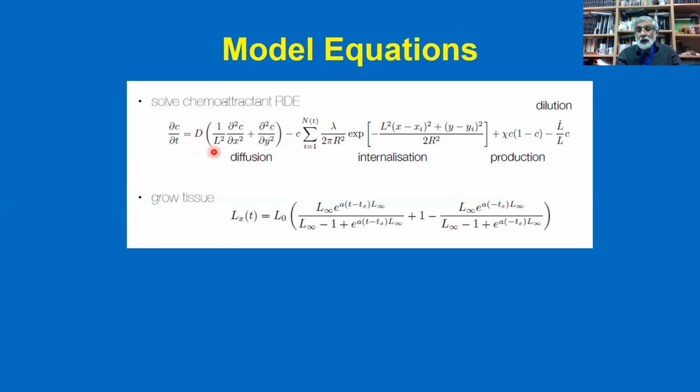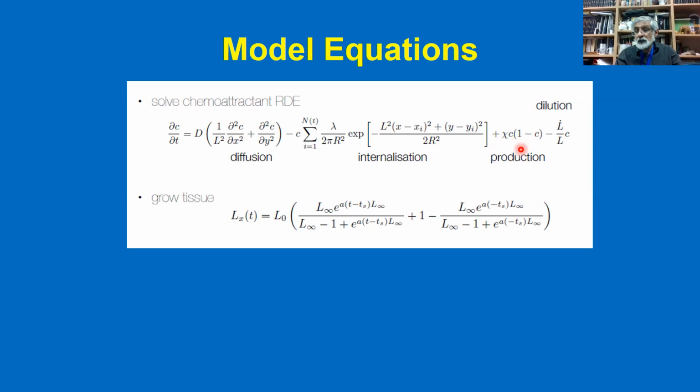So because it's growing in the x direction and not in the y direction, we rescale. So this is 1 over L squared, where L is given by this, just fitting to that logistic curve. Here's a production term of the chemical. We just put in logistic growth here.